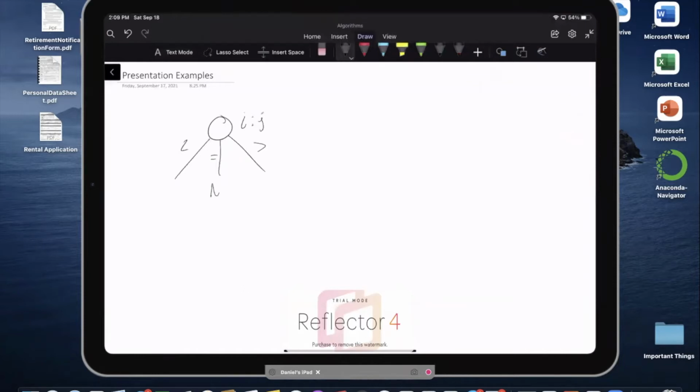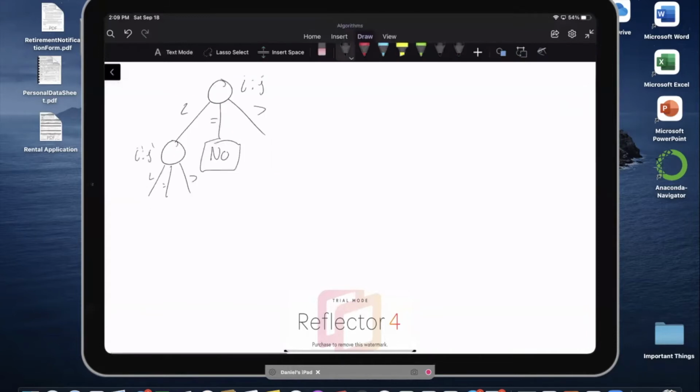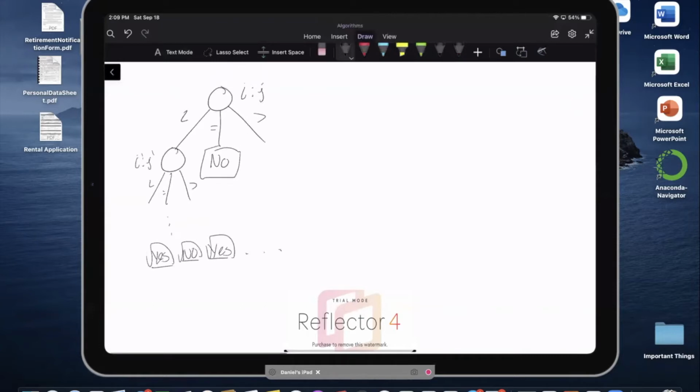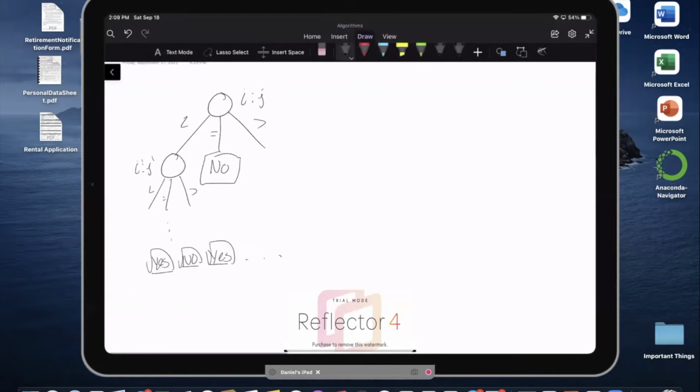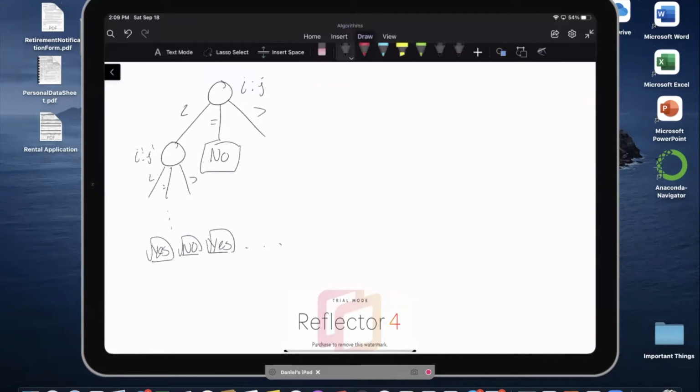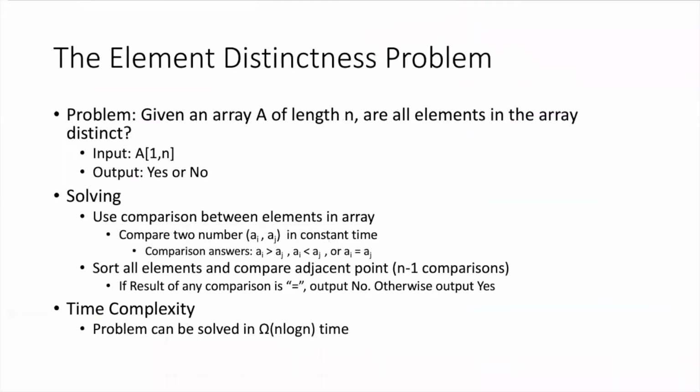And if it's equal to, that answer is no. If it's less than, we compare the next set of adjacent elements, all the way down until we compare the last set of adjacent elements, which will give us either yes or no. This is basically how the algorithm is working. It's a visualization of what happens at each step of the algorithm, with each comparison, all represented by a basic decision tree.